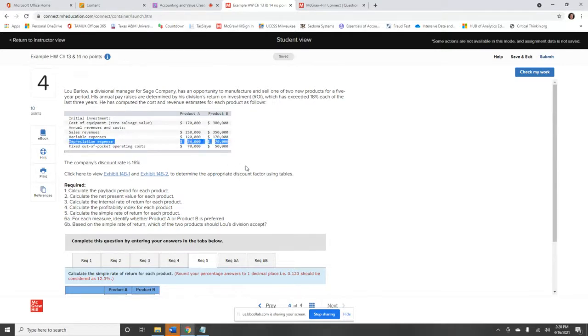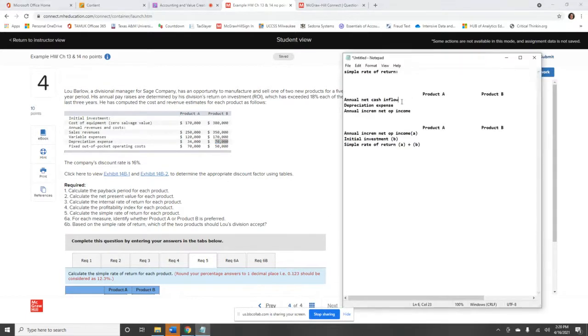But in real life, on an income statement, of course, you would have to subtract out depreciation expense. So our first step, before we can calculate the simple rate of return, which uses net operating income, is to take our 60,000 and subtract 34, and take our 130,000 and subtract 76,000.